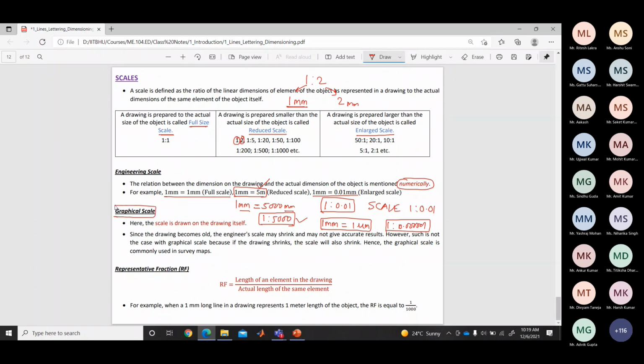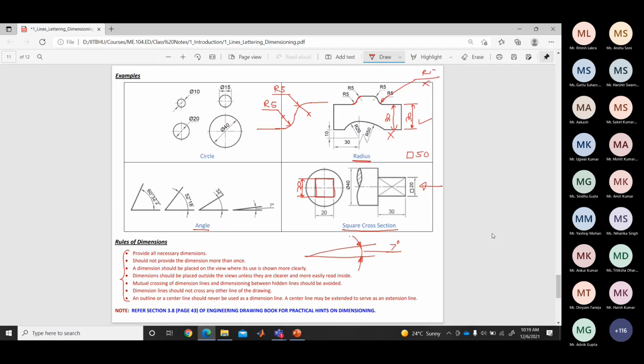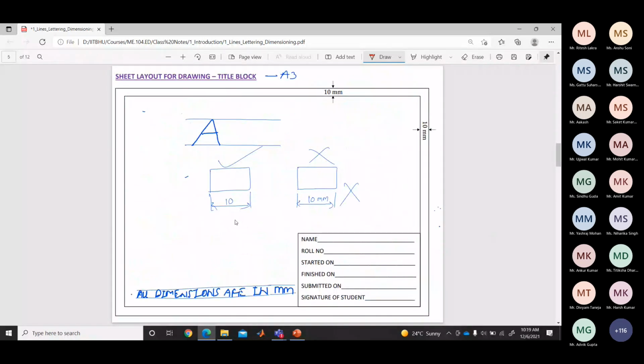What is a graphical scale? Here, what we do is draw the scale itself on the drawing paper. As a reference, we draw the scale, maybe just a single line, marked 0, 1, 2, 3, 4.